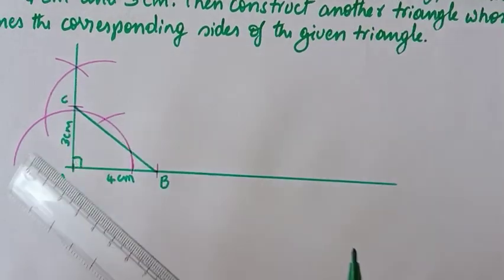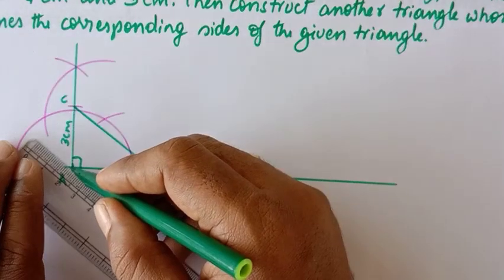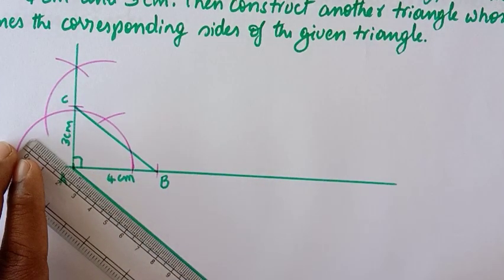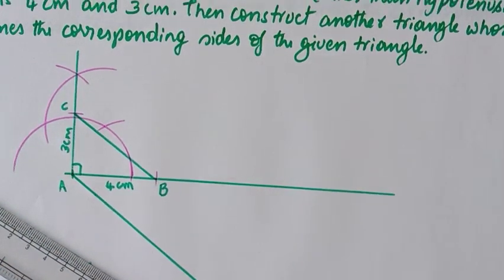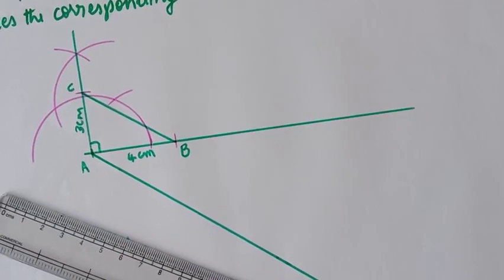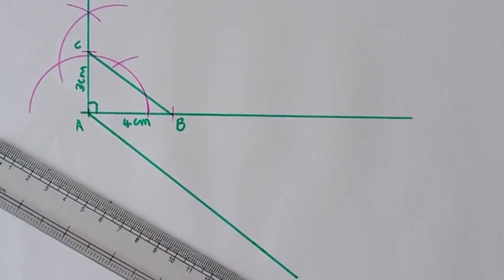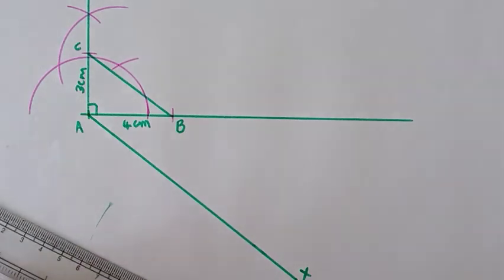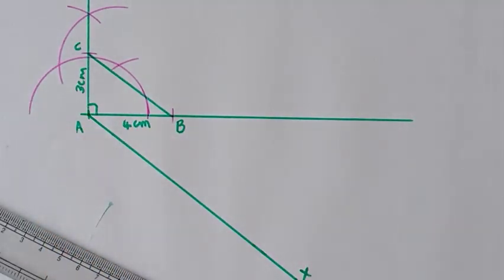Now let me draw a straight line from B such that it makes an acute angle with the given AB, and let me mark it as X. This forms an acute angle with the AB.